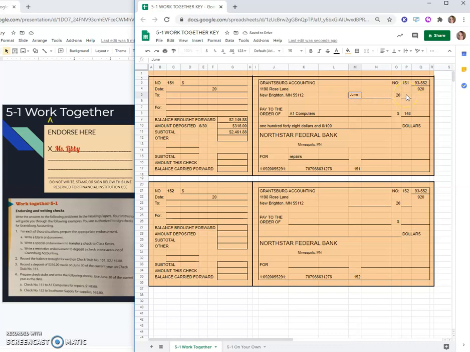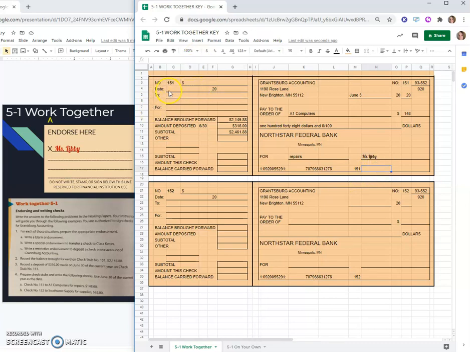So June 30th of the current year, which I'm making this 2020. And then you would just go ahead and sign this as if it were handwritten, right? Okay, so there's check number 151.